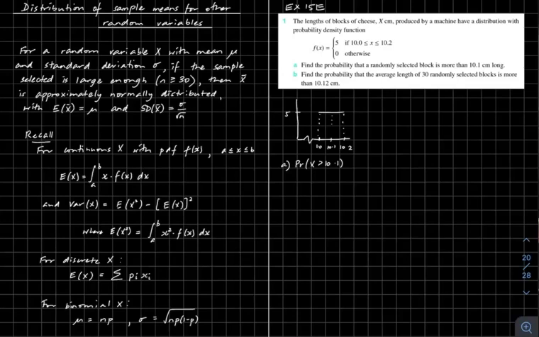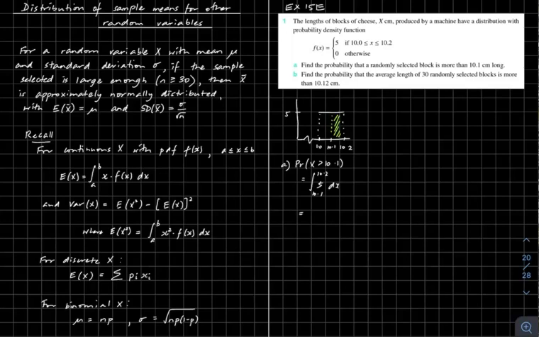And so the first question is really just asking what this probability or area here is, which we'd expect to be 1/2. If we were going to calculate that, because we weren't too sure, then we'd be finding the area between 10.1 and 10.2 of the function y equals 5 with respect to x.